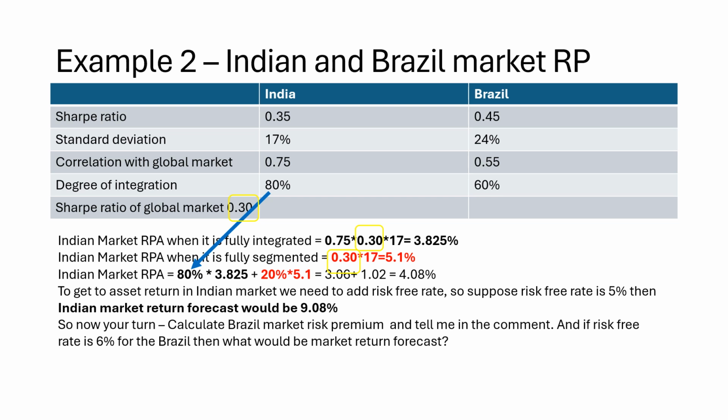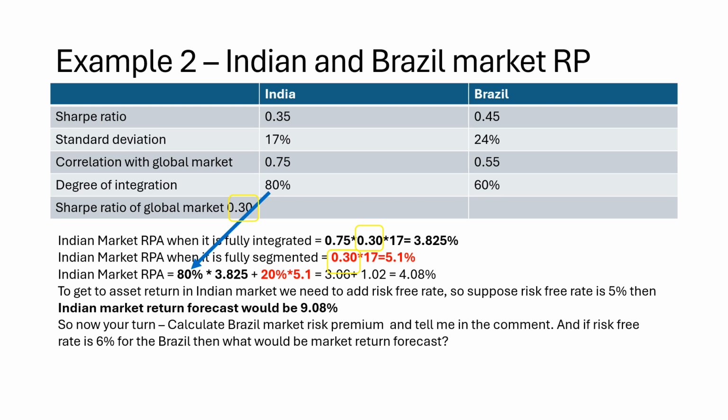Remember, here it is not the Sharpe ratio of the market, but the Sharpe ratio of the global market, which is 0.30. Then the standard deviation of the Indian market is 17%. If we multiply the whole thing, we get 3.825% as the RPA, the risk premium of this Indian market asset.